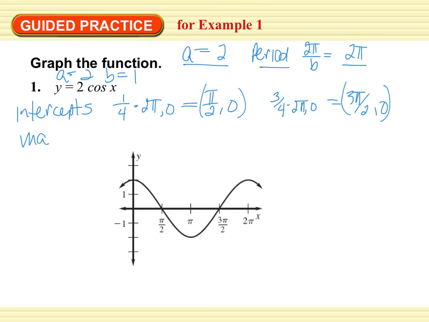My maximum is going to be always at 0, amplitude, and the full period, amplitude, right? So that gave me a maximum and a maximum.